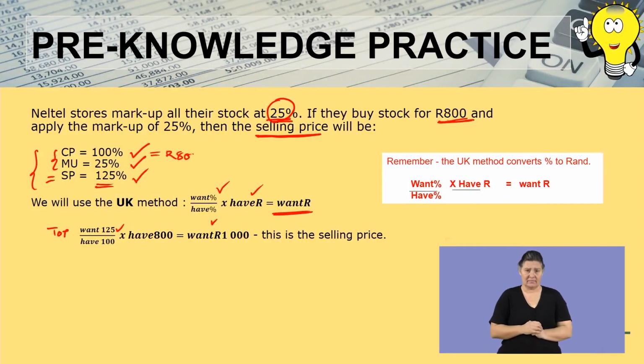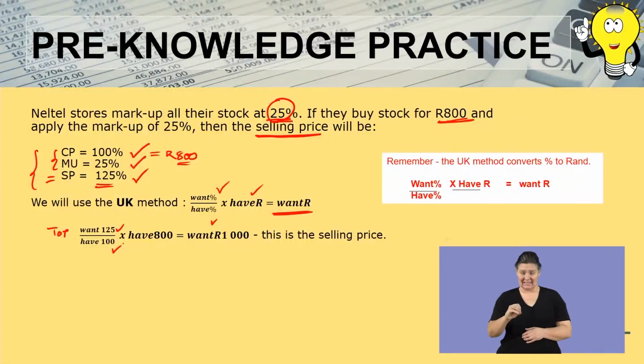I have my 100%, which is equal to 800 rands. So my want must be one value, but my have must be two values. What I want is 125, but what I have is 100.